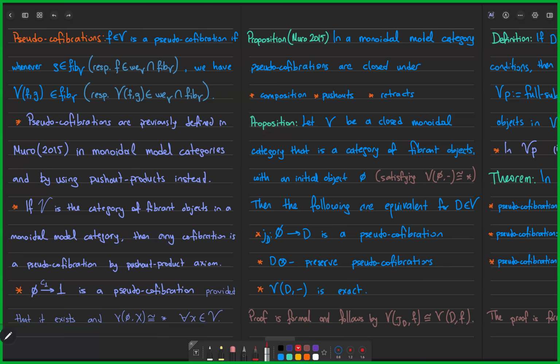If V is a closed monoidal category that is also a category of fibrant objects, and assume that we have an initial object, which is initial in the enriched sense. That means it co-represents the terminal object. Then the following are equivalent for any object D in V. First, the unique map from the initial object to D is a pseudo-cofibration.